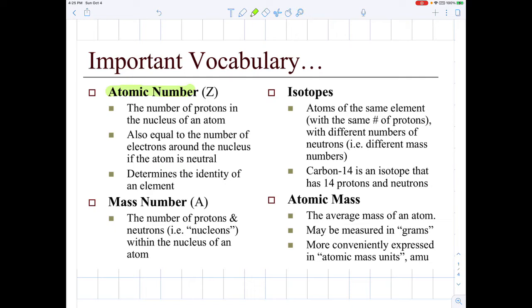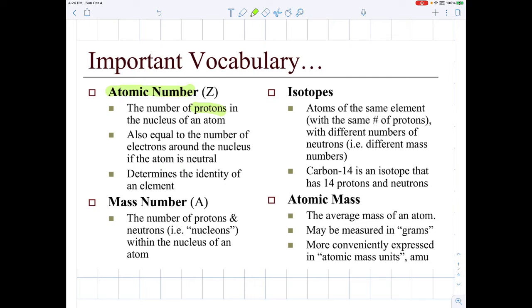So we defined the atomic number in class. We said it was the number of protons that are in the nucleus of the atom. So every atom has a unique number of protons, and the periodic table arranges the elements in order of increasing atomic numbers, or increasing number of protons.